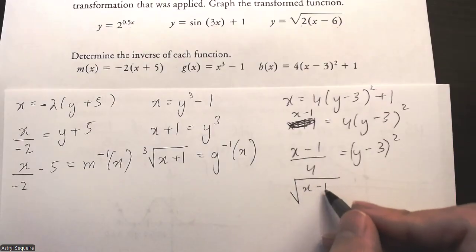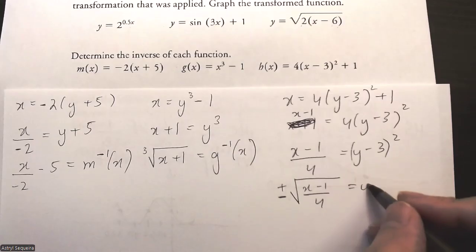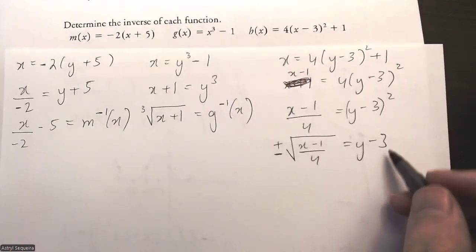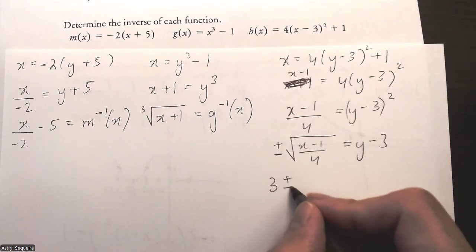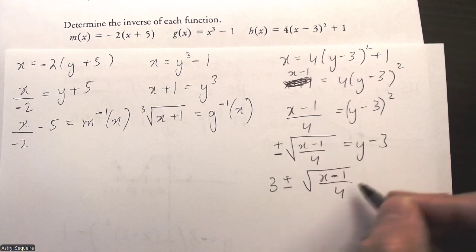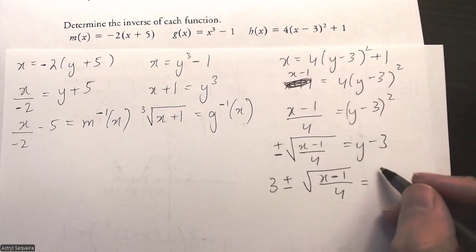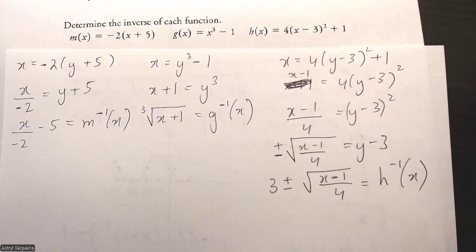Square root of (x minus 1) over 4, make sure you put the plus or minus, equals y minus 3. And when we move the 3, we can move it to the front or the back. It doesn't matter. I'm just going to move it to the front. So 3 plus or minus the square root of (x minus 1) over 4 equals h inverse of x.